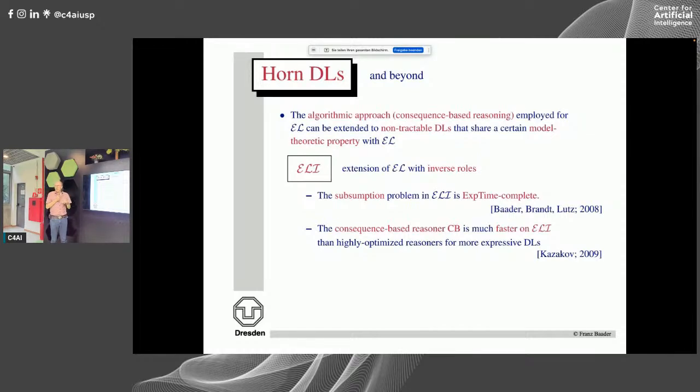And it was also important because there was a medical ontology called Galen, which basically was in ELI. It had some other features, but the main thing that made it complicated and made it actually impossible to be reasoned about by these other reasoners was inverses. And Evgeny could show that his system could deal with it very fast. And now people got crazy because they said this consequence-based thing is so fast, yeah.